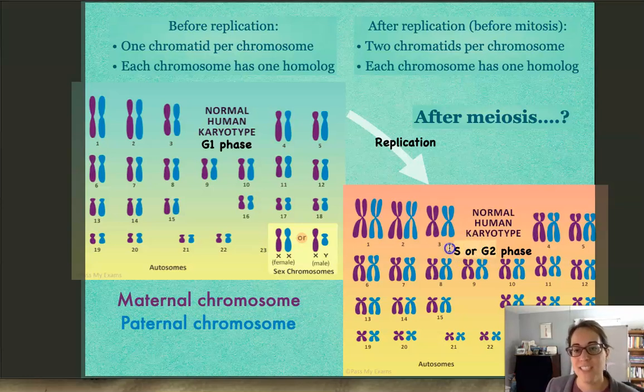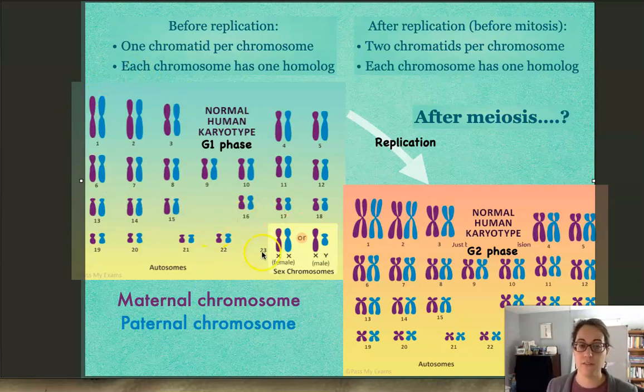Actually, it's not really in S phase, because it's in S phase that it is copied. So this is in G2 phase before mitosis or meiosis. And so again, you could compare here using the correct terminology that we have 1 chromatid per chromosome when we're looking at G1 phase, and each chromosome has 1 homolog. In other words, you get 1 chromosome from each of your parents.